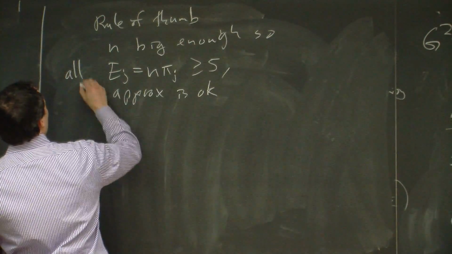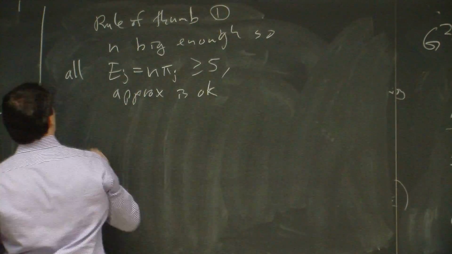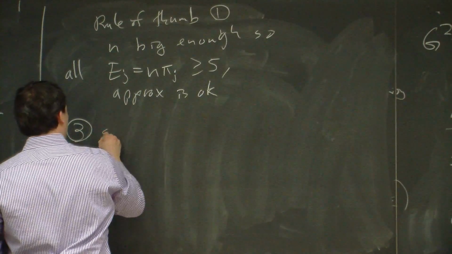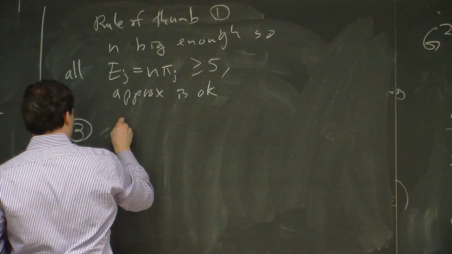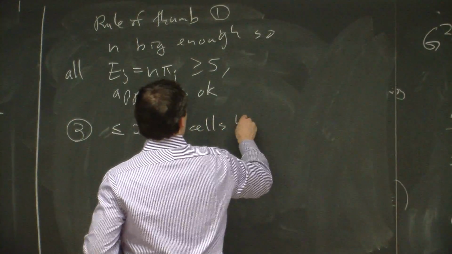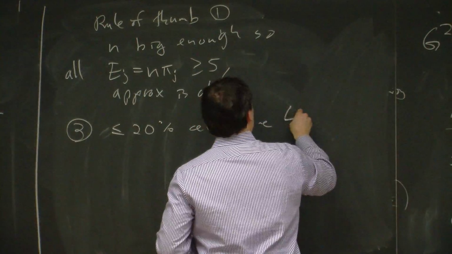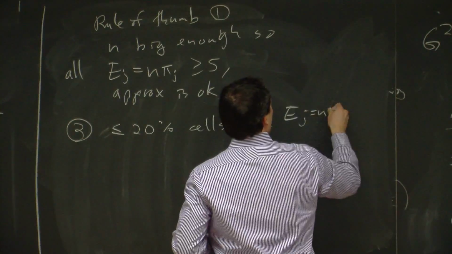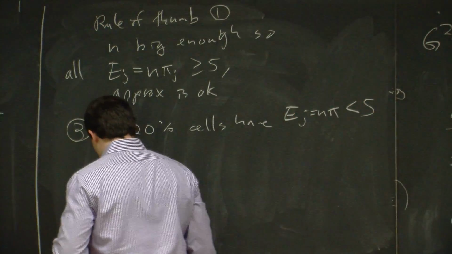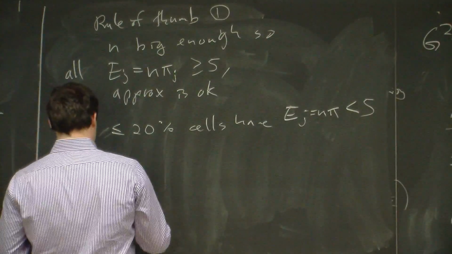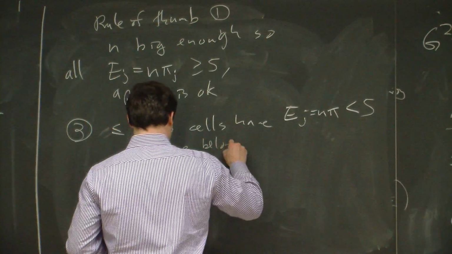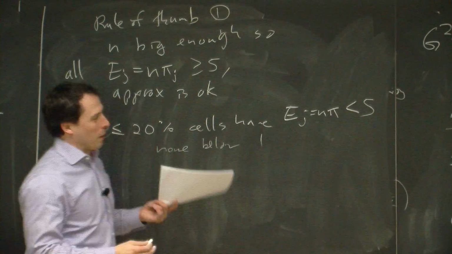Another rule of thumb that's a little bit more recent is, let's say, less than 20% of cells have this E_j, n pi less than 5, none below 1, then it's okay.